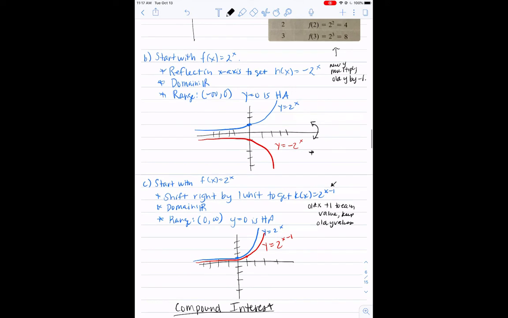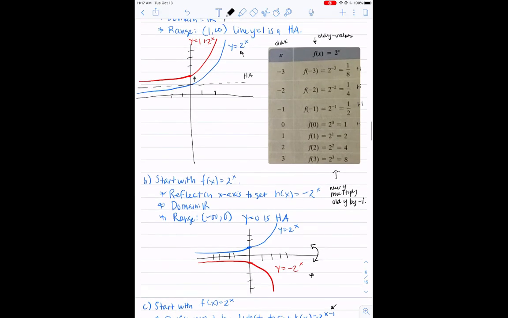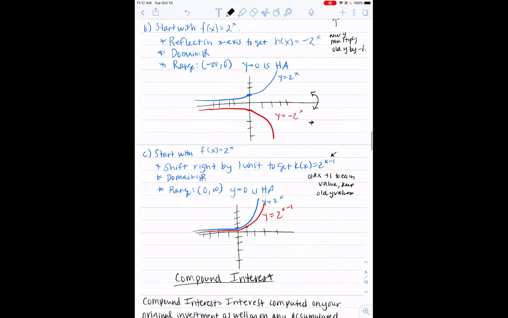Okay, so we just take these old x values and we add 1, and then we keep our old y's, and then we get the graph of y equals 2 to the x minus 1. So we see that our domain is the real numbers, and then our range is still going to be from 0 to infinity, and we have y equals 0 as our horizontal asymptote.